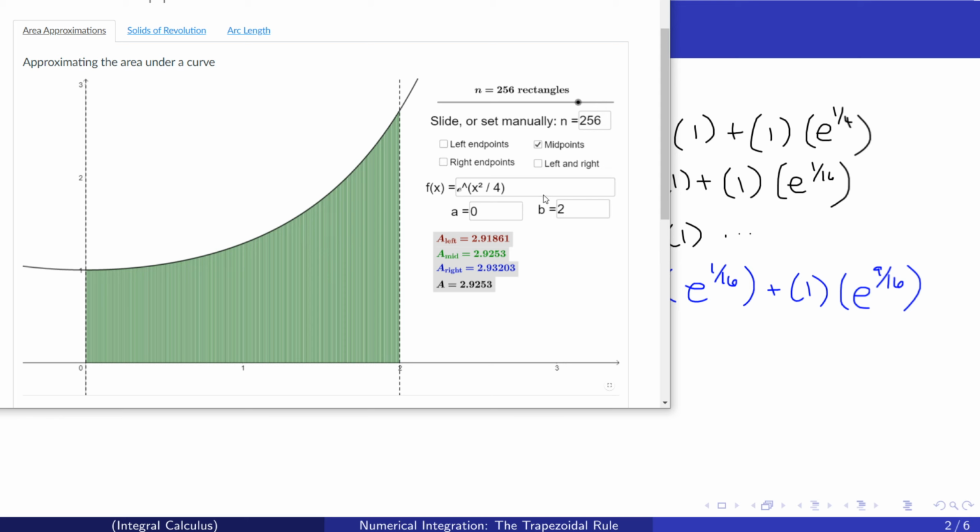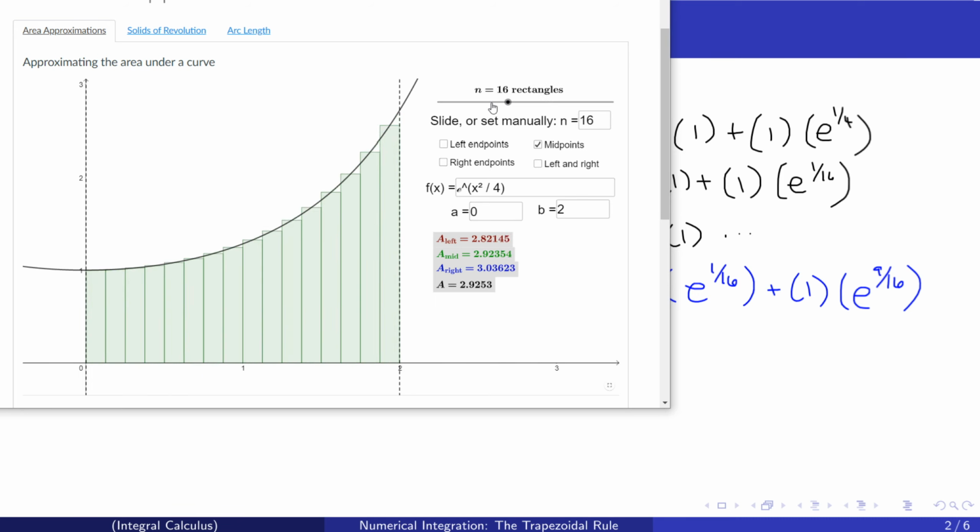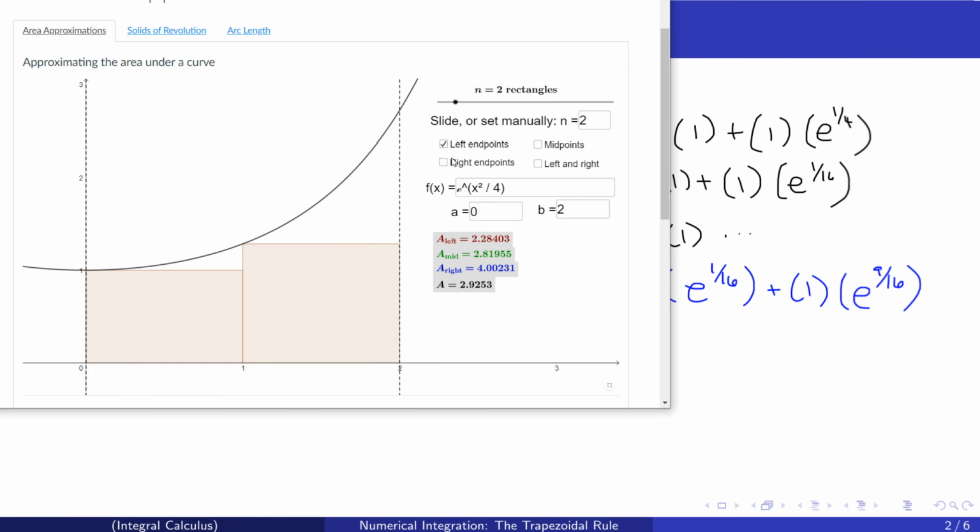We already saw that we can use these rectangles and just let n go to a very large number to get something more accurate. You can do left endpoints, right endpoints, or midpoints in this applet.